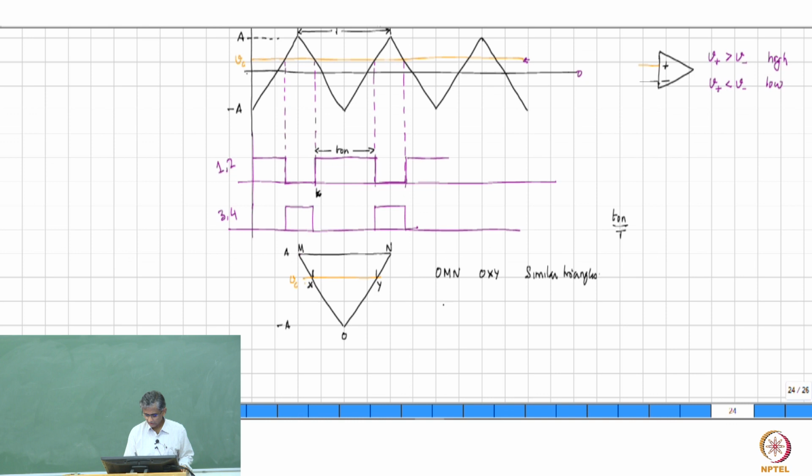So it's evident that XY divided by MN is equal to this height, whatever that is, call it P, and let's extend this, and that is Q. That is then OP by OQ, which then means XY is nothing but T on, MN is nothing but T, and OP is A plus VC, and OQ is 2 times A, right?